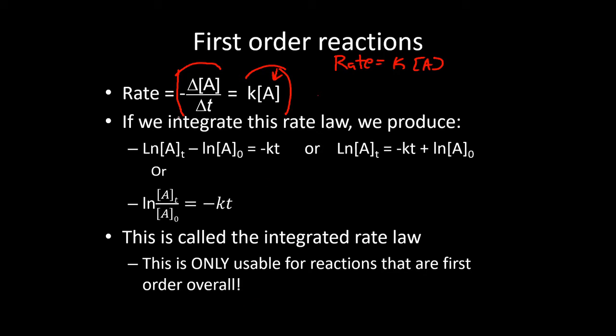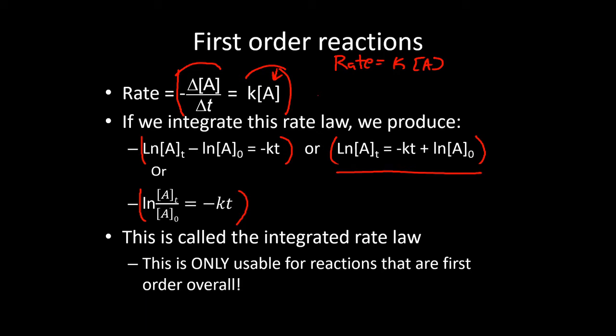If you take this equation and you integrate it, you'll just have to trust me that you get these three equations here that are all really just one equation. These are just three different forms of the same equation. Most often, the one that you're going to see used is this one.